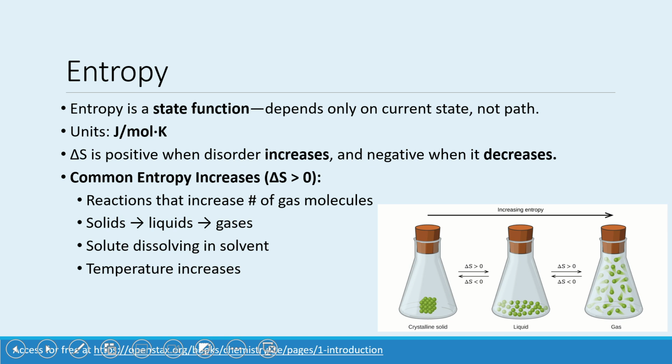So some common entropy increases would be if we increase the number of gas molecules. So remember that when we're talking about entropy, we are talking about the location and the energy of particles. Okay, so let's just write this over here to the side.